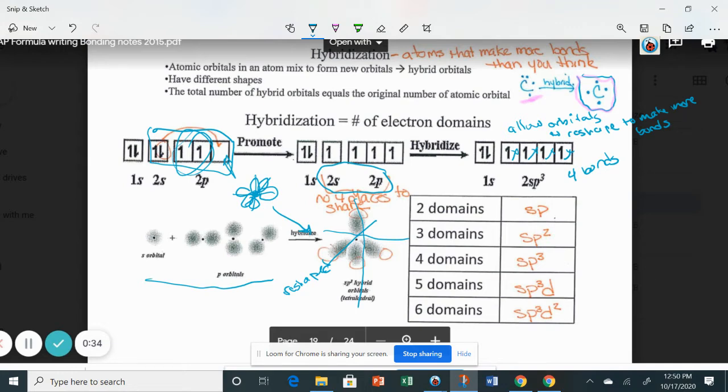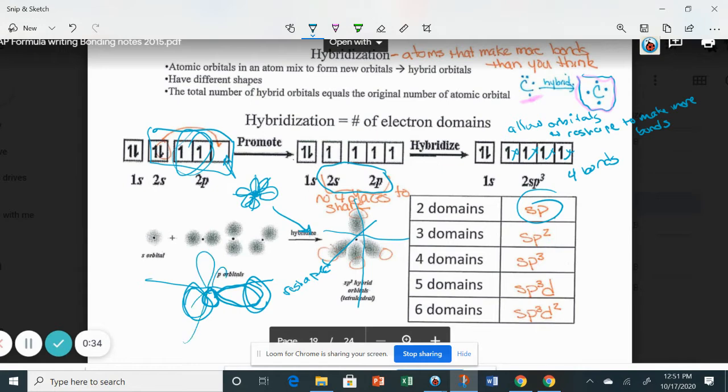Yes. In carbon, when you only need to make 1 sharing on each end of the carbon, we do this thing called sp hybridization. There's this little orbital that looks like this. So you share on the s and you share on the p, and the rest of the p's are the same.